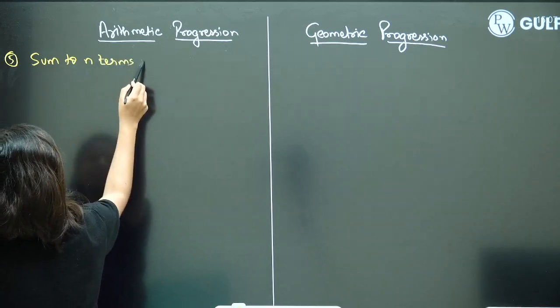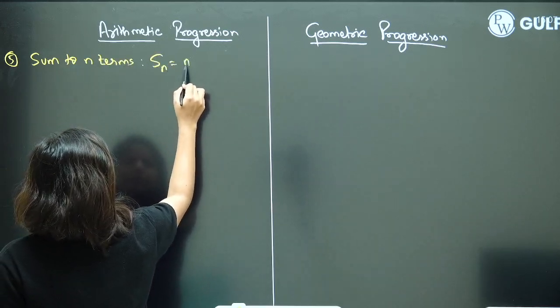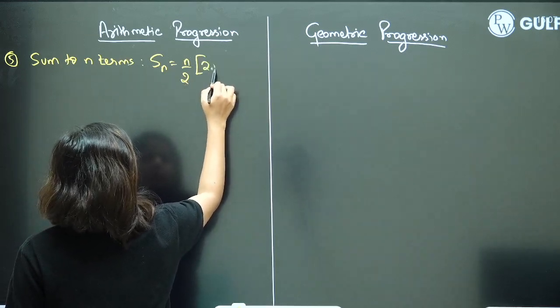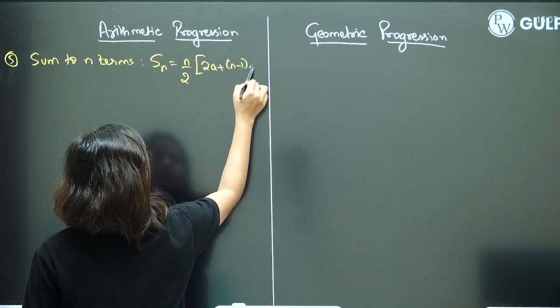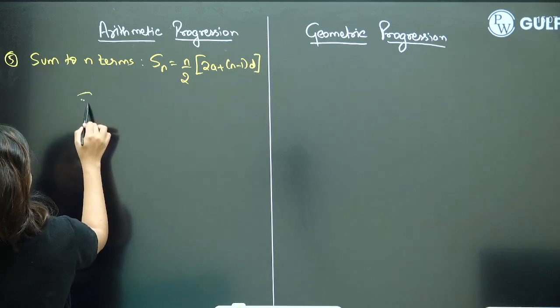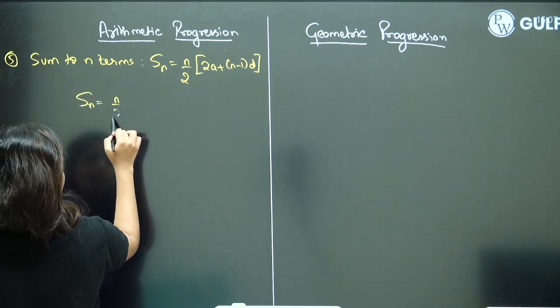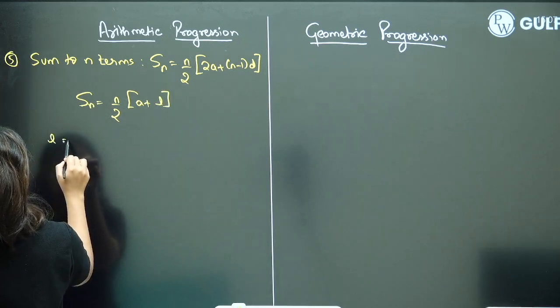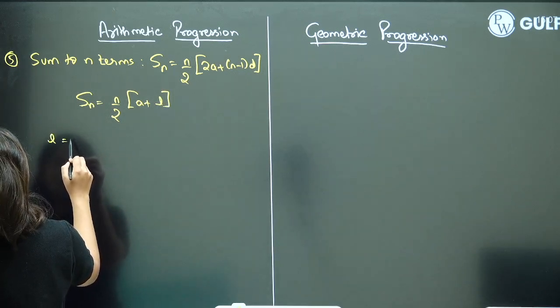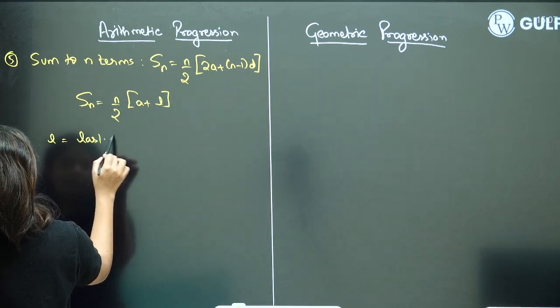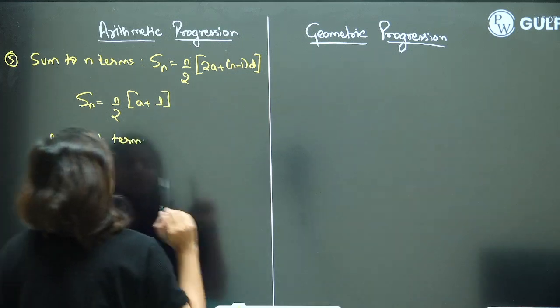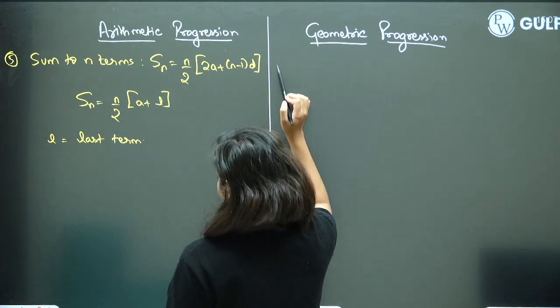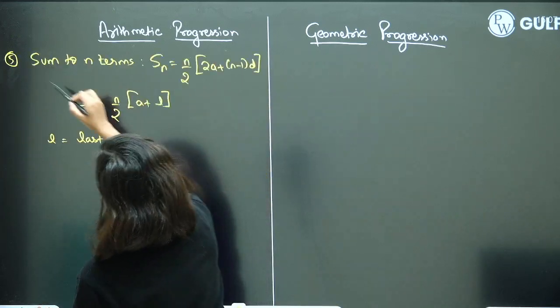Sum to n terms in an AP is given by Sn equals n by 2 into 2a plus n minus 1 into d, or there is one more formula, Sn equals n by 2 into first term plus last term, where L is the last term.